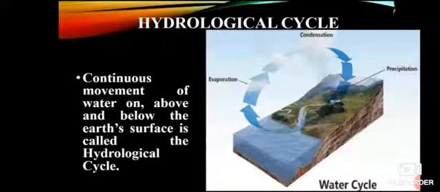Hydrological cycle, otherwise we call the water cycle. The water cycle, also known as the hydrological cycle, describes the continuous movement of water as it makes a circuit from the ocean to the atmosphere to the earth and again.